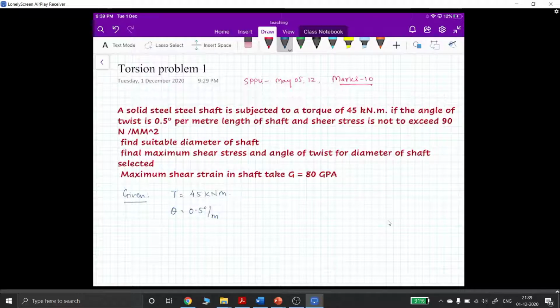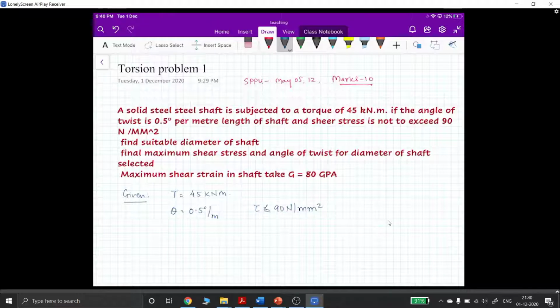And the shear stress, tau, should not exceed, so it should be less than or equal to 90 Newton per mm square. So these are the given data.